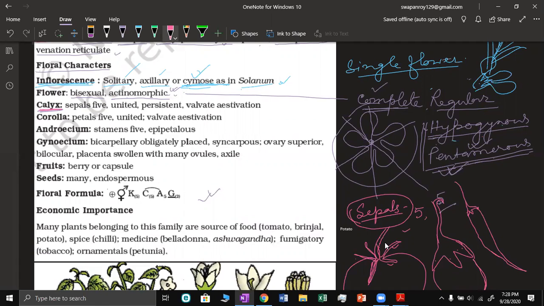In other families, the calyx and corolla drop after fertilization. But here the calyx remains. Sepals 5, and these sepals are united. United means you can write united, or you can write gamosepalous.